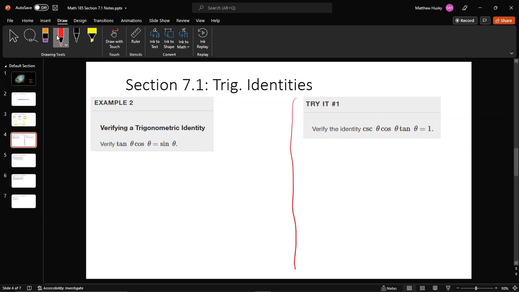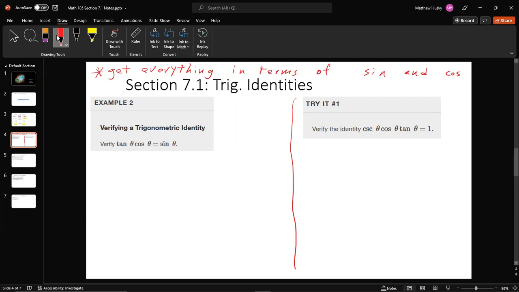Let's start with that first. And the general rule of thumb, a good idea for a lot of problems, is get everything in terms of sine and cosine. With a lot of problems, this typical strategy will help the vast majority of times.